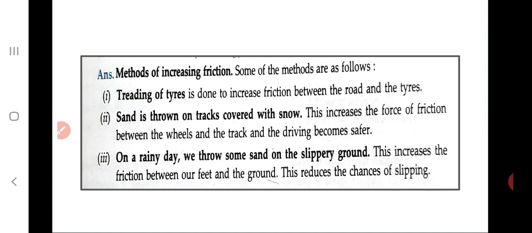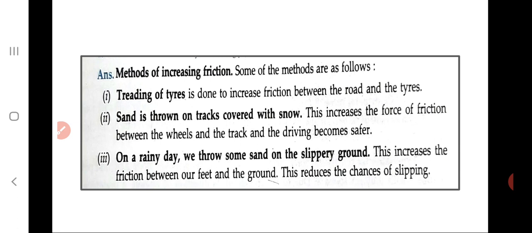Above that, you might have seen your parents putting some loose soil or sand on the floor where it is slippery. When the rain settles, we can remove that soil or sand and use the floor as usual. So to overcome the slippery nature of surfaces, we can add some soil or sand. These are the main methods of increasing friction.